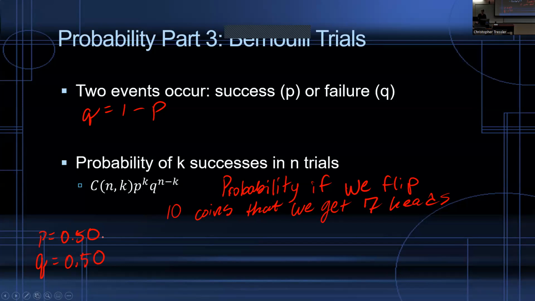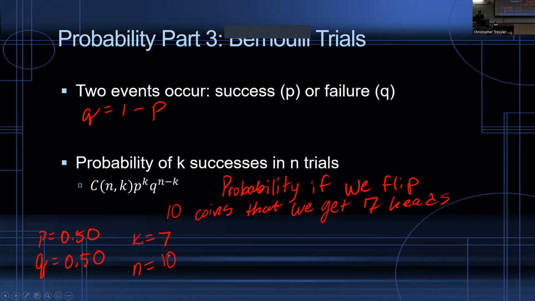And now we have the fancy combinations formula in there too. Keep in mind that k is the number of successes we want, so our k is going to be 7 successes. And our n, we are flipping it 10 times, so it's going to be 10.